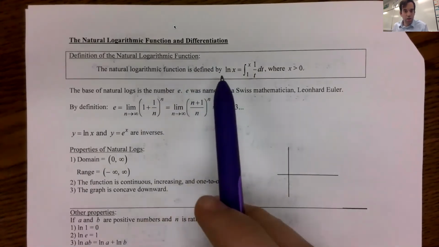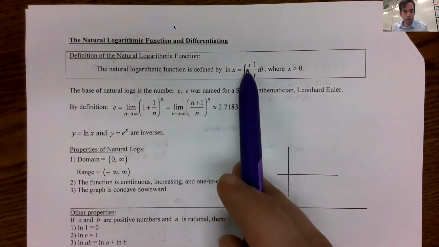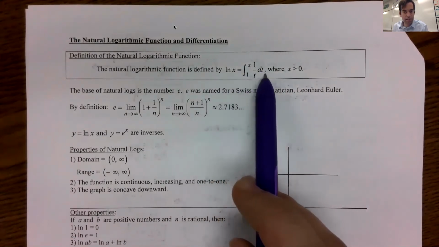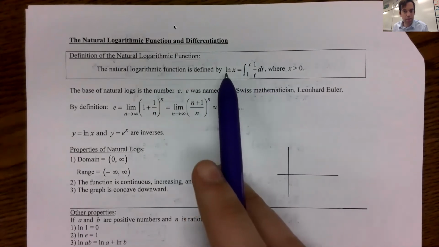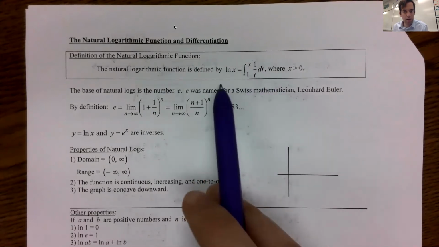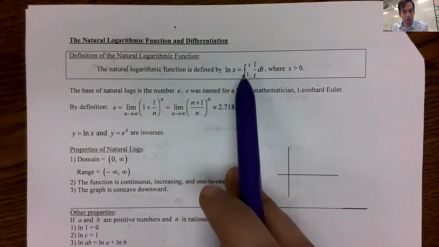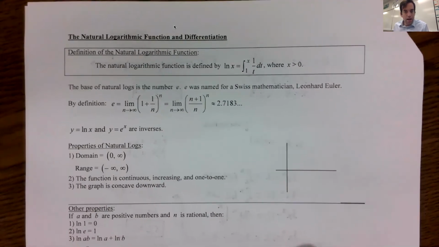So the natural log function is defined by ln of x, which is the integral from 1 to x of 1 over t dt. You may remember from calculus AB that the derivative of natural log is 1 over x. So this is kind of showing you that natural log is the integral of 1 over t, which is the same thing.